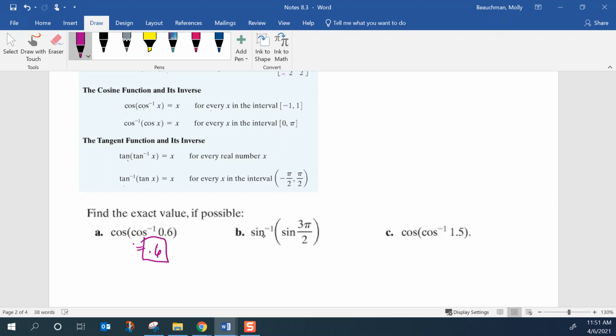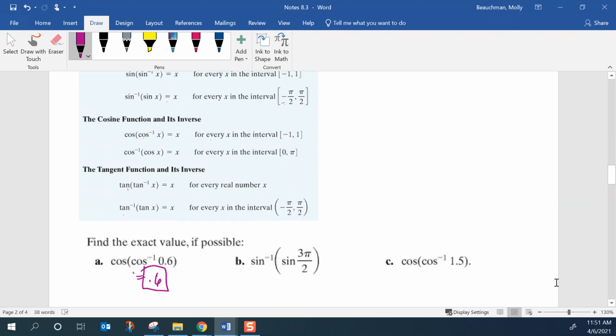If we take the inverse sine of the sine of 3 pi over 2, okay, then the inverse sine of the sine of x is equal to x for every x in the interval negative pi over 2 to pi over 2. 3 pi over 2 is not in that interval. So what angle measure is in that interval that we can express the same as 3 pi over 2?